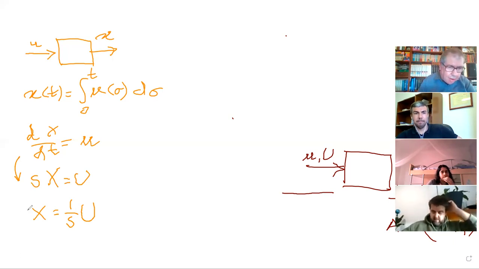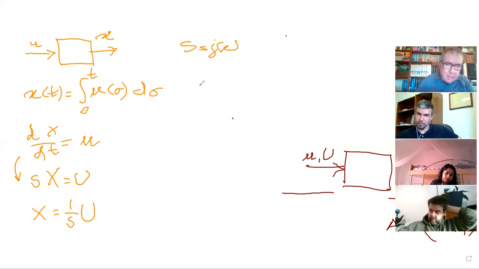Okay? Now, I want to see the effect in frequency. So I do S equal to J omega, and I want to see what is the gain over frequency. We know that it decreases, but it was based on some heuristic arguments. So I replace S by J omega.